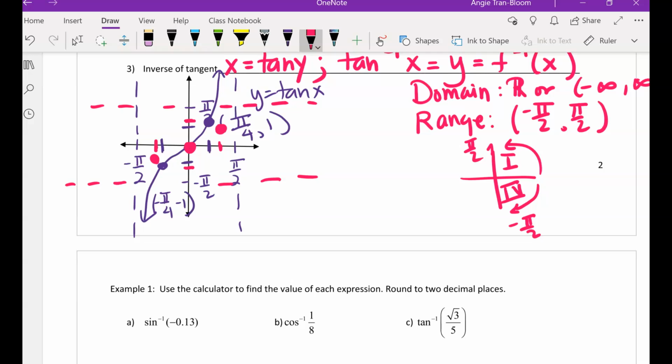I can't turn my computer because it's going to flip the screen. If you turn your paper, you can also graph that way, right? In a perfect world, these two should be reflections about which line? Yeah, okay. If I'm a really good grapher, they should look pretty.